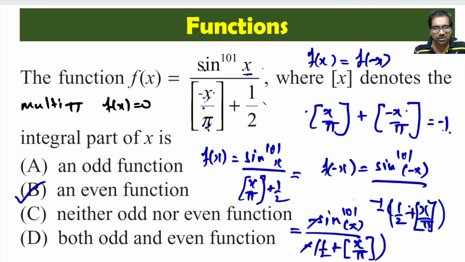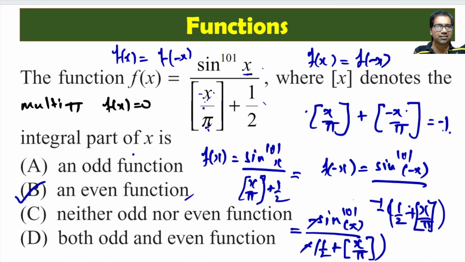Right, and there will be a minus in the numerator also. So basically what we have proved, f of x is equal to f of minus x when x is not a multiple of pi. Whenever x is a multiple of pi, f of x is anyway 0. That again means f of x equals f of minus x, right? Because it's anyway 0, it doesn't matter. Right, so it's an even function.